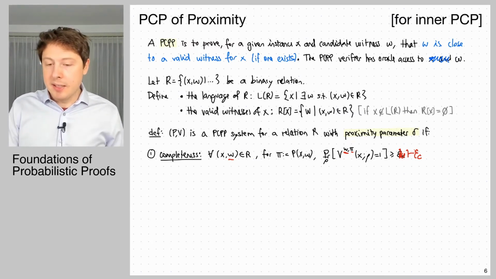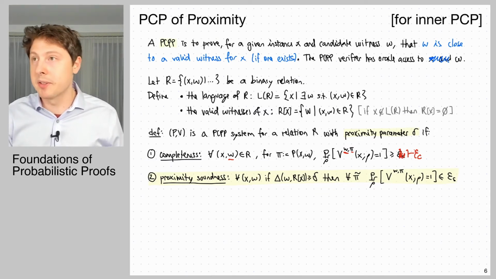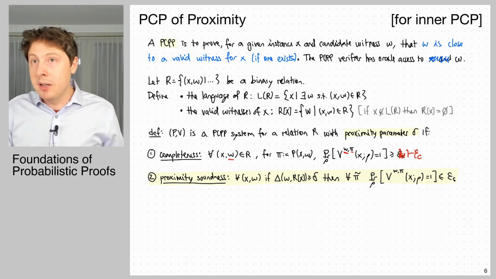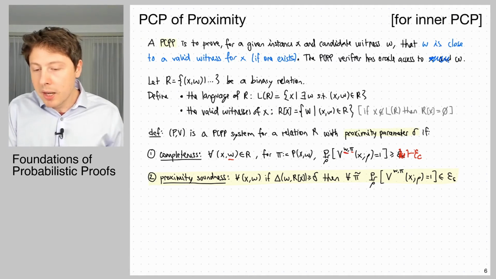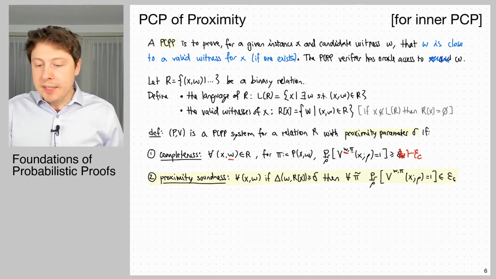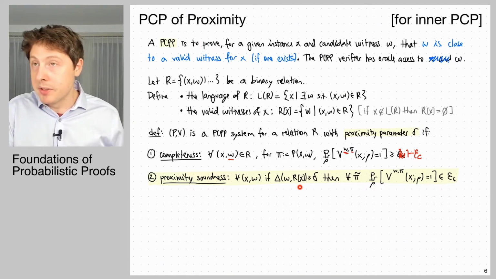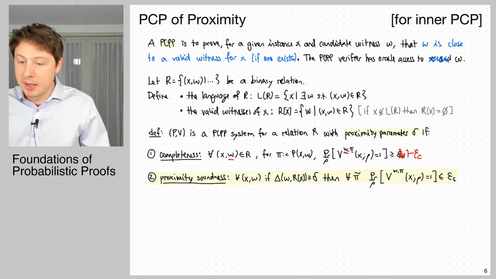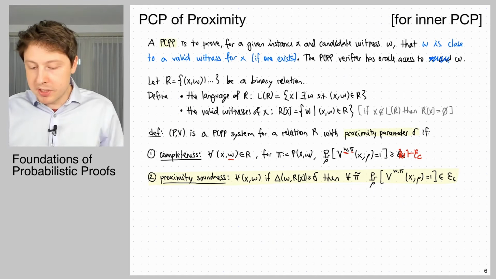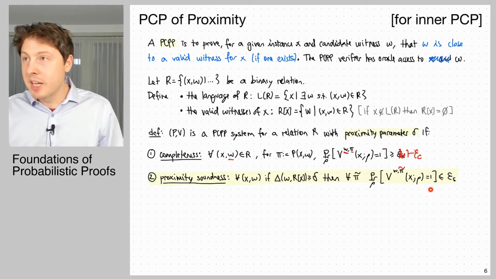Then we have the proximity soundness condition that says: give me any pair, instance and witness. Maybe the instance is in the language, maybe it's not. Right now I'm not saying anything. The point is that no matter what, if the witness is far from any valid witnesses, and far means proximity parameter delta, then regardless of which proximity proof, this should be tilde here, you consider, the probability you accept is small.